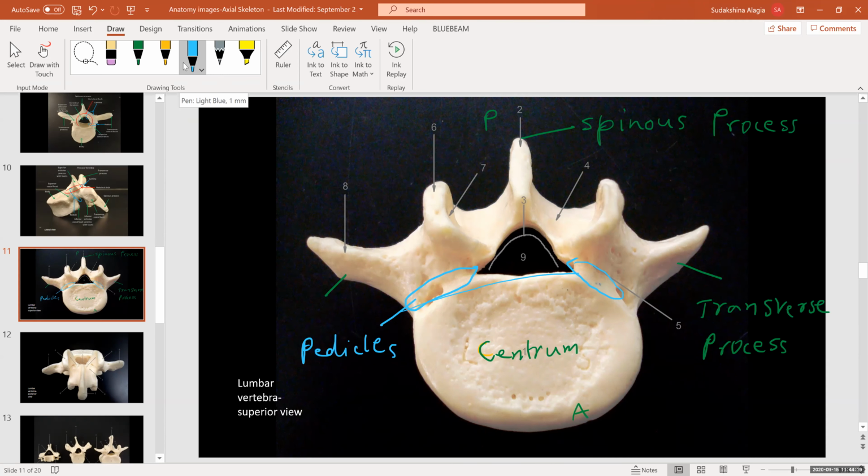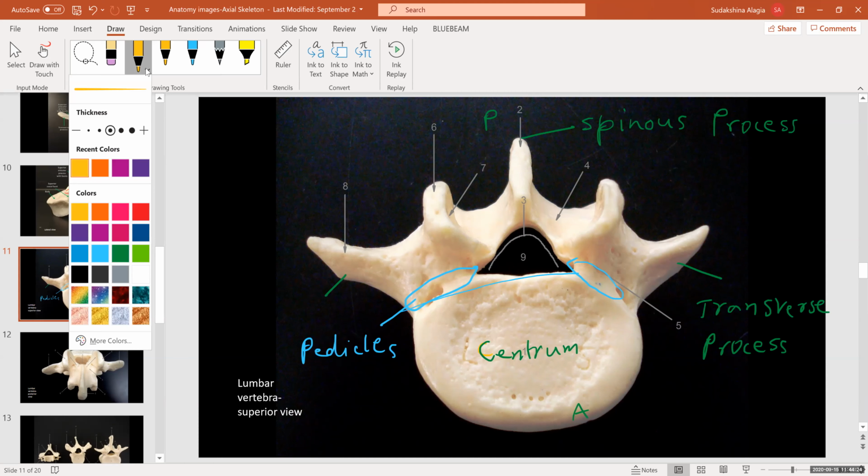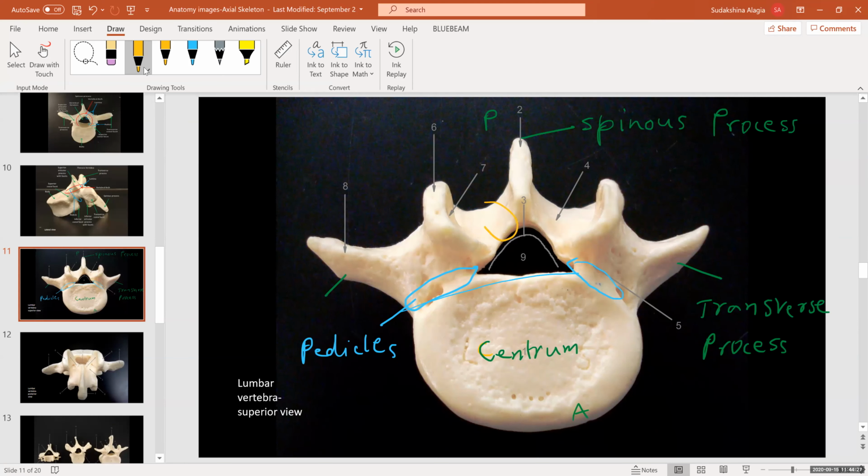So laminae, or lamina if you're just referring to one. Then vertebral foramen.